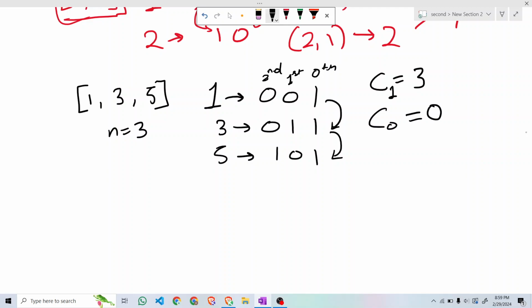So we could say that the number of pairs with a bit difference in this position is 0, obviously, because in this position none of the bits are different. For example, if we look at the first position in this example, the count of 1 is 1 and the count of 0 is 2.